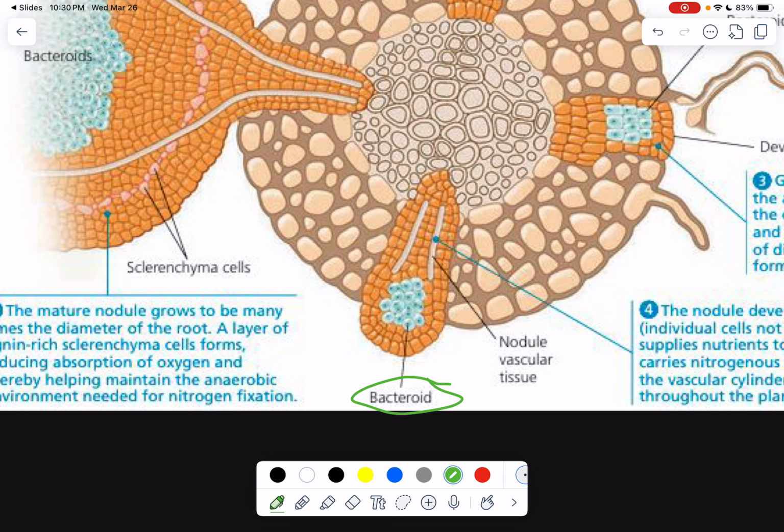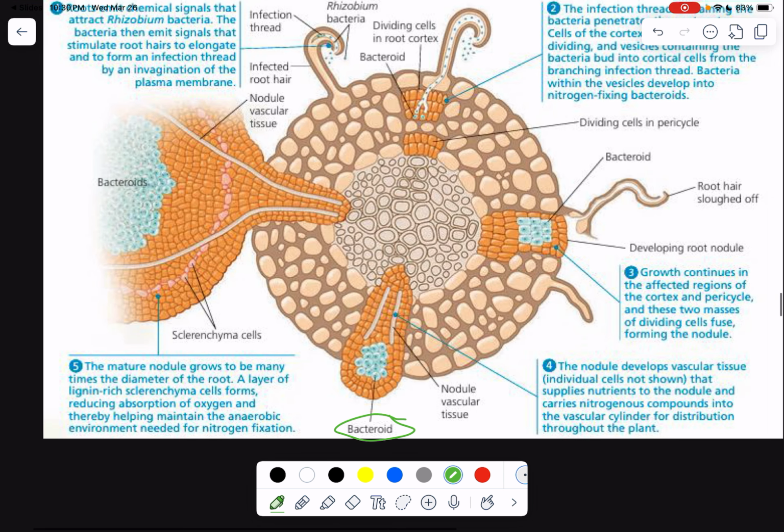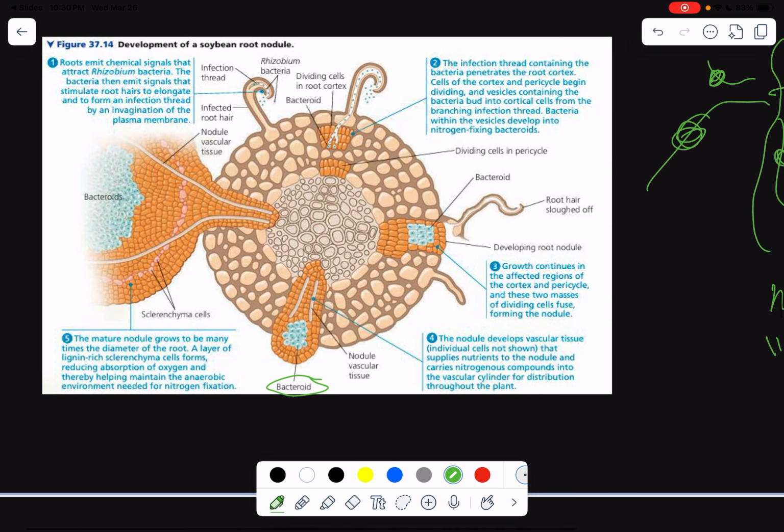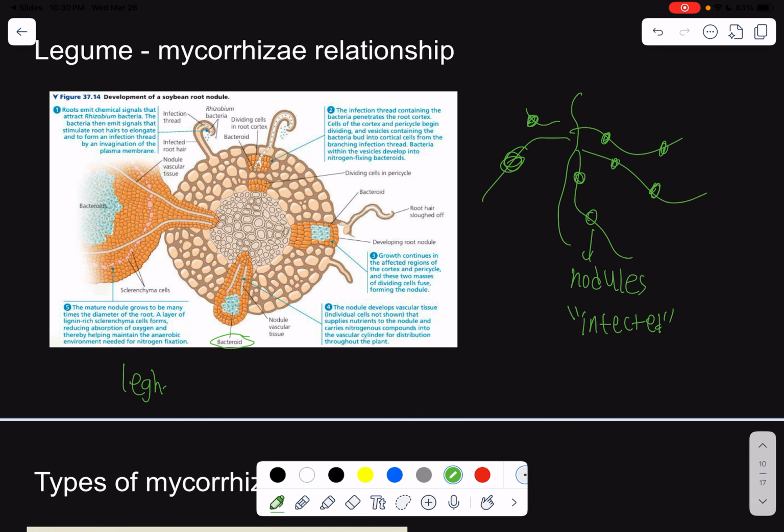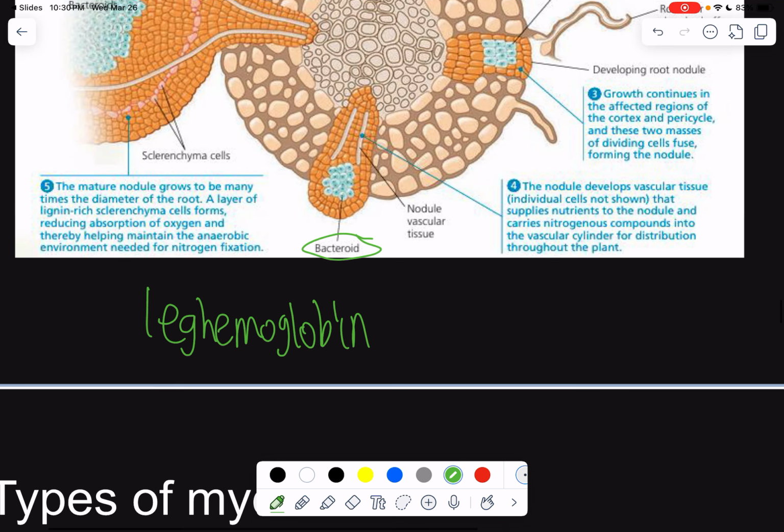The lignified external layers of root nodules help to limit gas exchange, and some root nodules appear reddish because of a molecule called leghemoglobin. And you can see here that it sounds really similar to hemoglobin, the protein complex that we use in our blood.